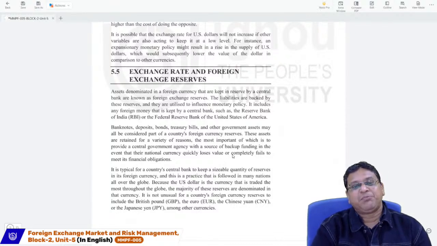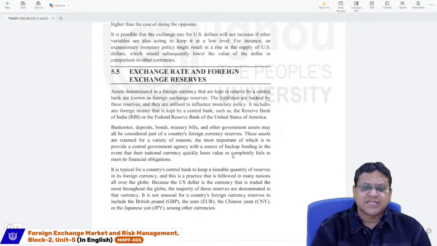India had a forex reserve crisis in 1991, where we had very little foreign currency reserves to meet our import requirements. It was only sufficient for 7 to 14 days. So in order to get foreign exchange, we had to pledge our gold with the Bank of England at that time. Now we are discussing forex reserve.